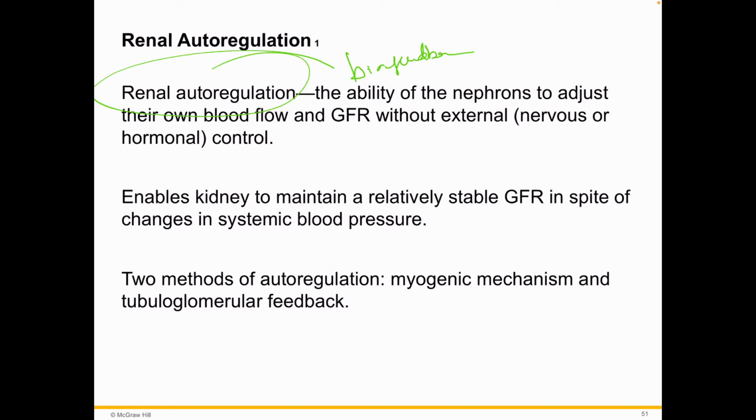It is important that it's maintained at this super small detail because these are very fine structures, very teeny tiny ones. There are two ways this autoregulation can happen. One is muscle-based, a myogenic mechanism, and the other is a tubuloglomerular feedback system, which allows them to interchange, communicate and autoregulate in that way.